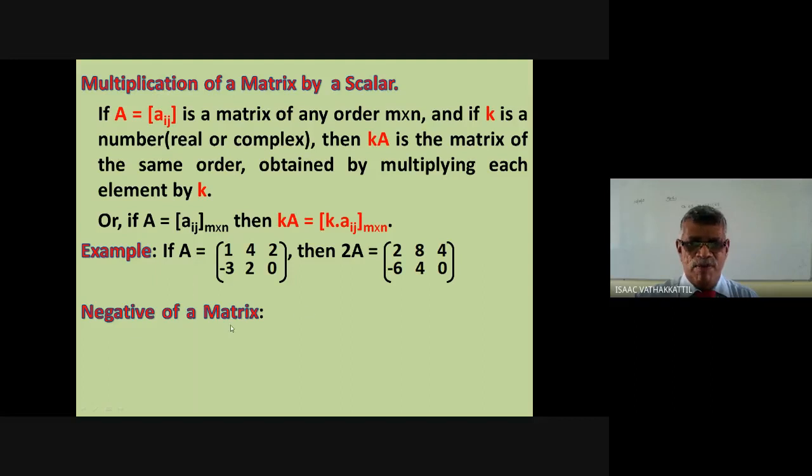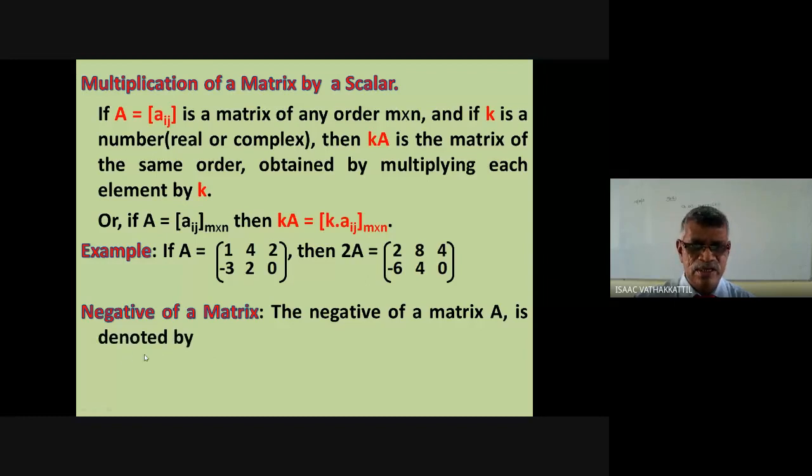Now we'll take more problems on the way. Before that, let's discuss what is the negative of a matrix. The negative of a matrix A is simply denoted by minus A, which is nothing but minus 1 into A. Each element will be multiplied with minus 1.